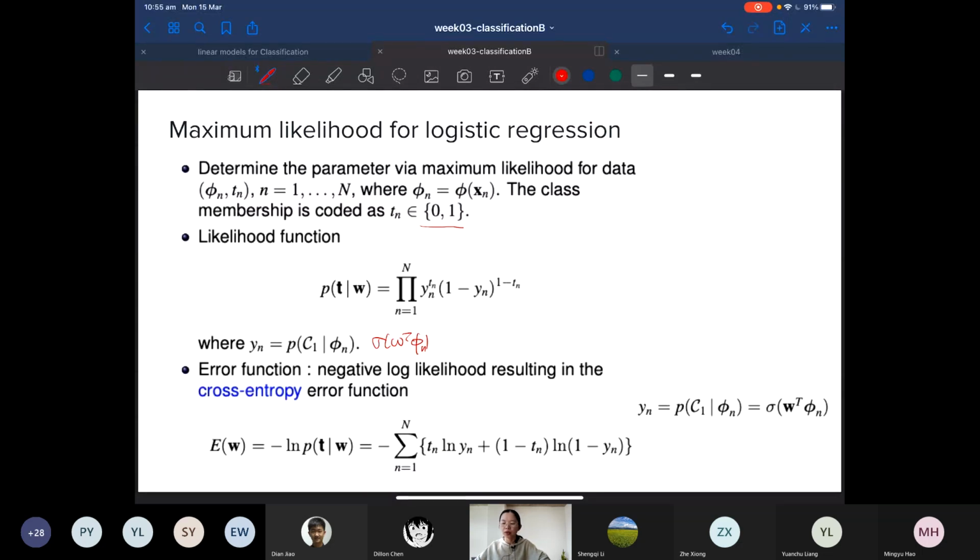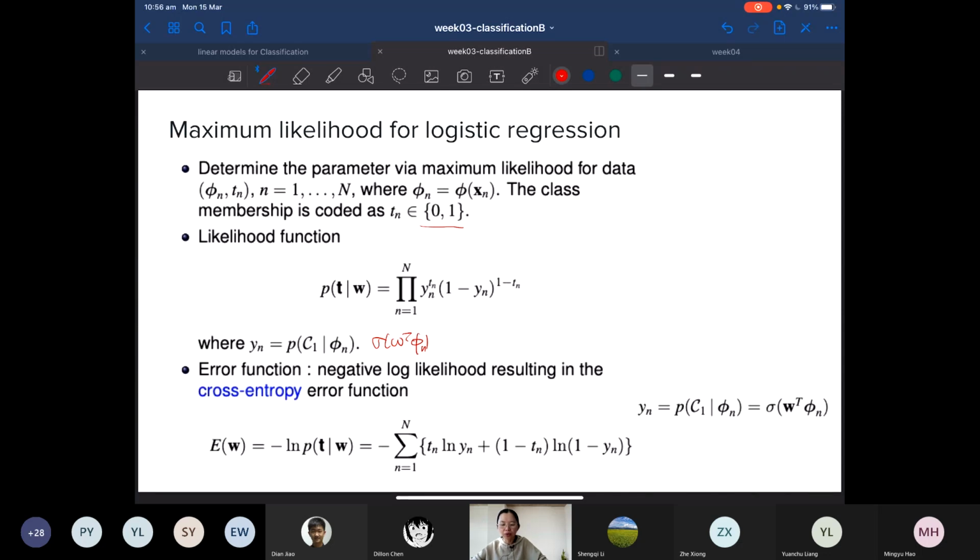There are a number of terminologies as we have worked through likelihood functions, error functions, and so on, and we can see that behind the different names they have a relationship. Here we want to minimize an error function which is a negative log likelihood. We want to maximize log likelihood, and these languages essentially mean the same thing.